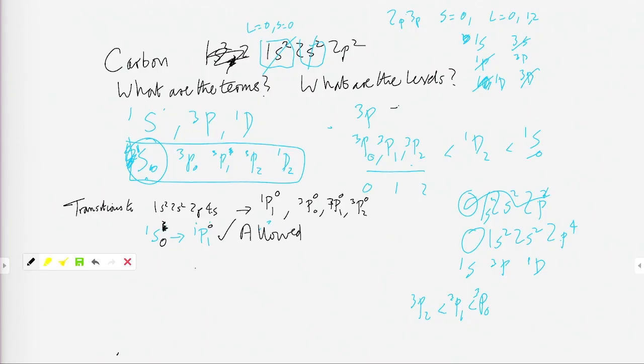So if we then consider transitions from this singlet S state, if we go to triplet P0, what sort of transition is that? Is that allowed? How about the spin? You're going from a singlet state to a triplet state. If you're going S equals 0 to S equals 1, is that allowed?